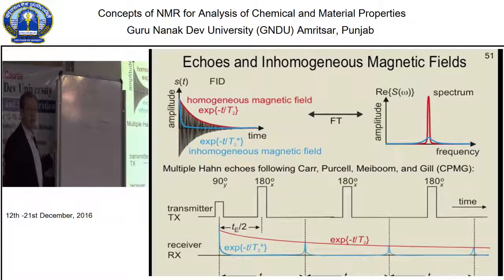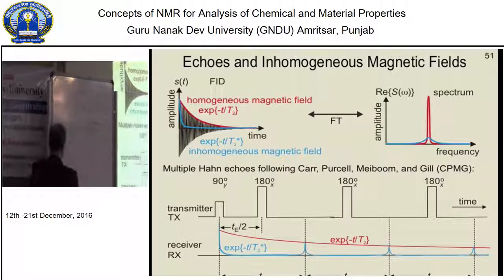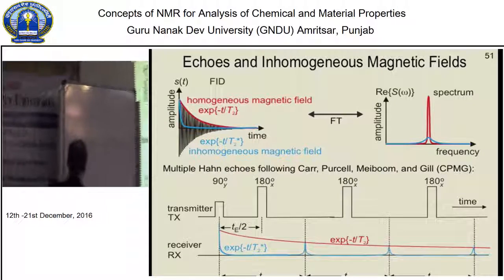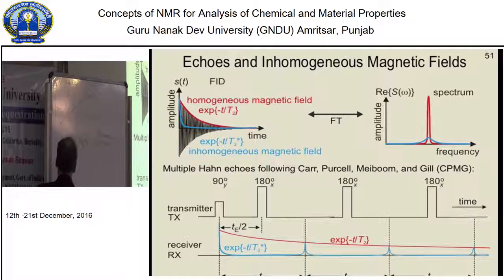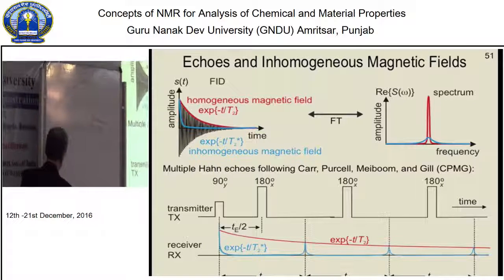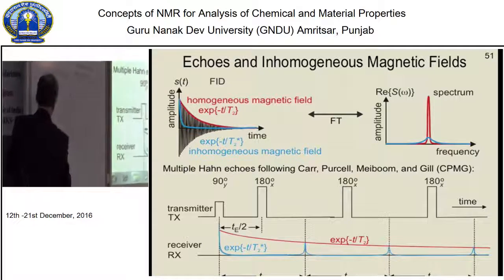So you need the same frequency. You generate that with a radio frequency coil. You have your sample in a radio frequency coil, and that produces an oscillating magnetic field B1.